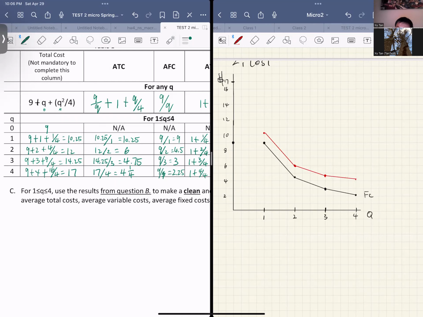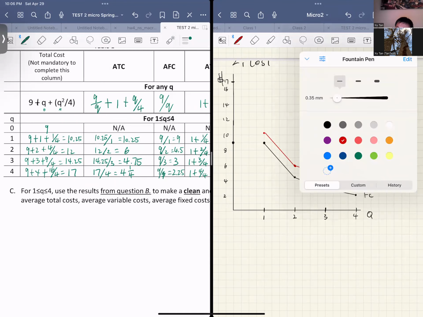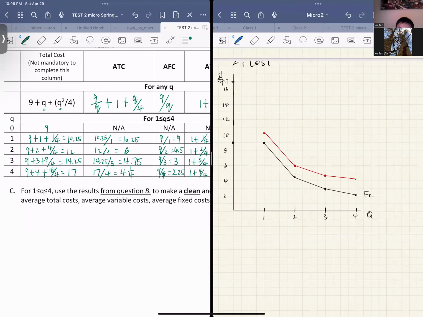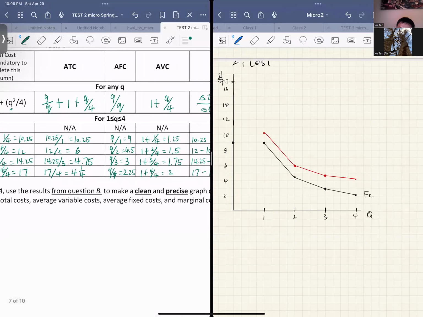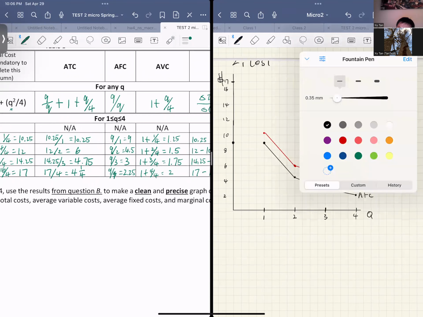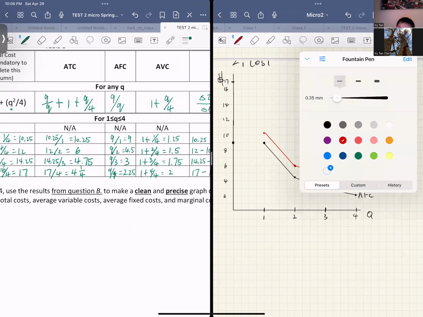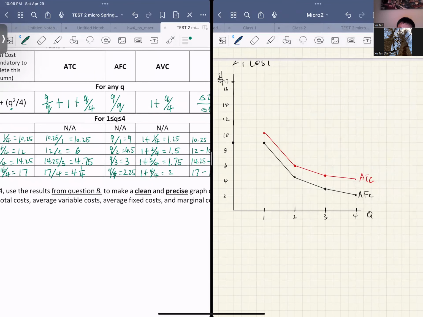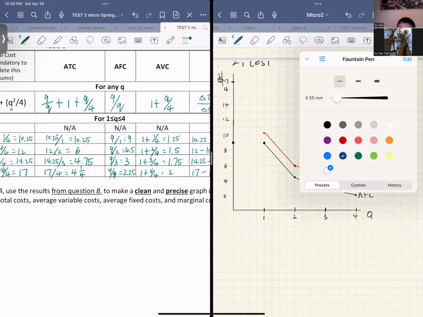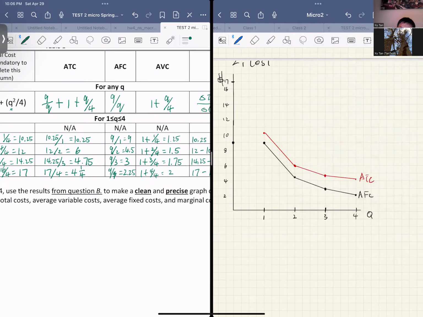Okay. Now we're going to use bright blue for, my bad, that was average total cost. And then we're going to use bright blue for average variable cost.